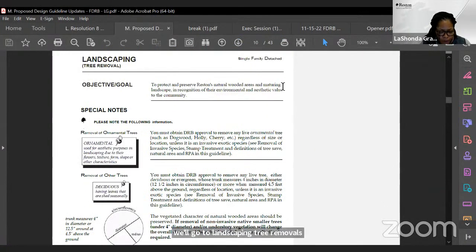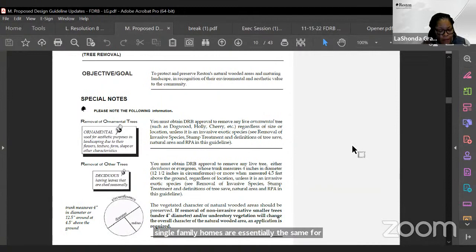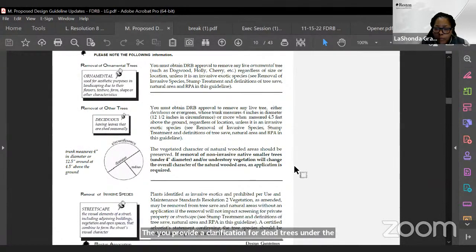The landscaping tree removal cluster standards for single family homes are essentially the same for cluster standards. You provided clarification for dead trees under the no application level.